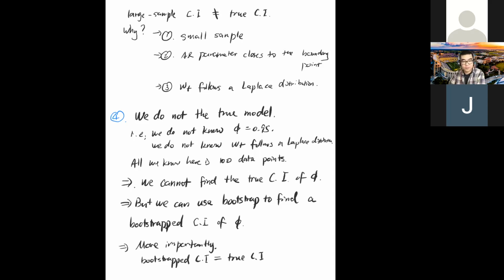And more importantly, we can use a bootstrap to find a bootstrapped confidence interval of phi, and we can show the bootstrapped confidence interval is actually equal to the true confidence interval. Okay. So how can we do the bootstrap here? Let me talk about how we can do the bootstrap here.